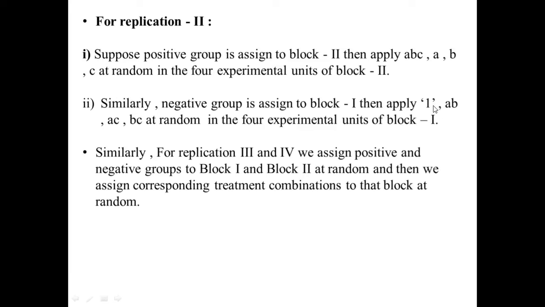It means that we apply these 4 treatment combinations 1, AB, AC and BC at random in the 4 experimental units of block 1. So this is replication 2. Similarly, we write this for replication 3 and replication 4, since we consider 4 replications. So in this way we use randomization at 2 stages, and we assign the positive and negative groups of treatment combinations to block 1 and block 2 randomly.